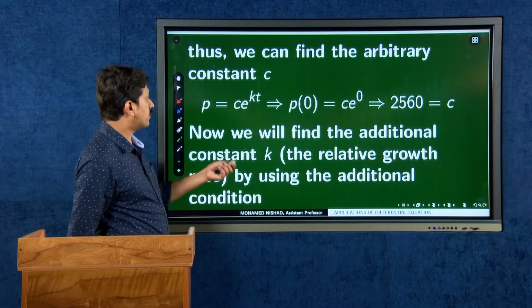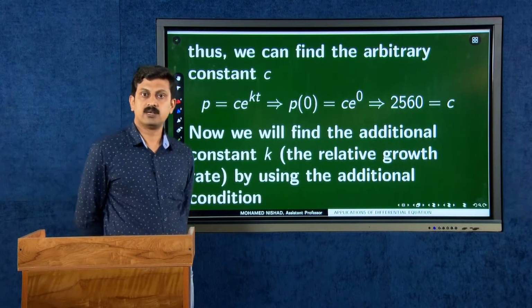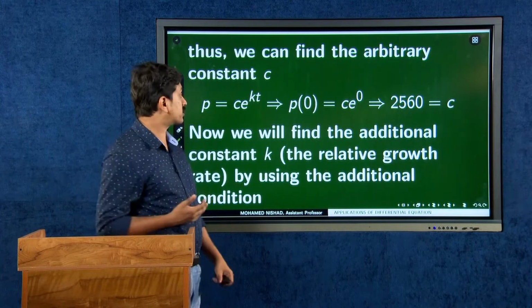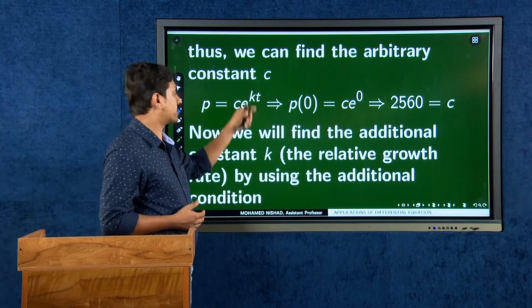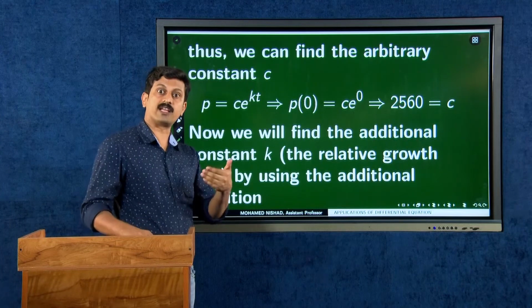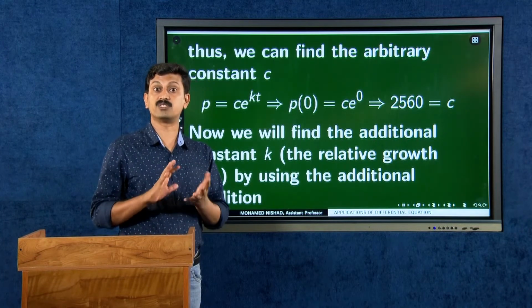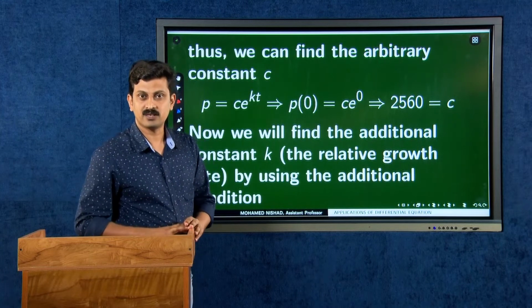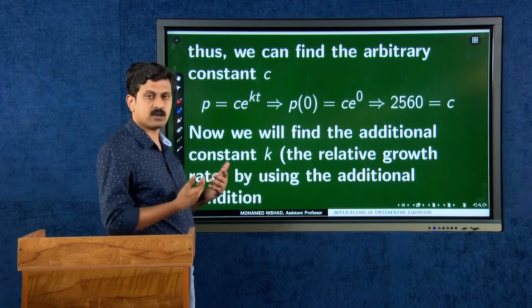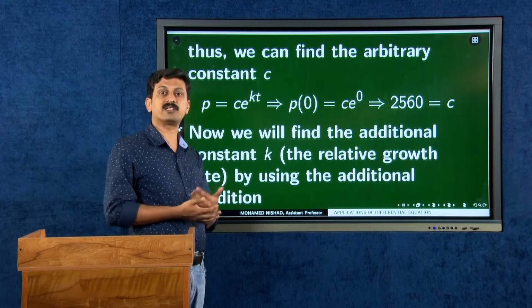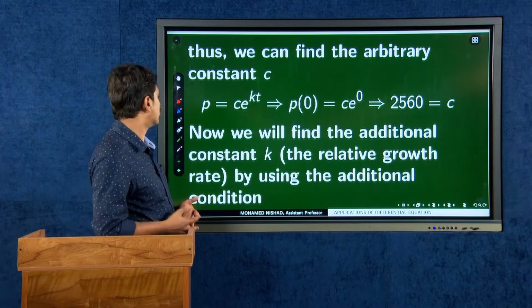Now, we will find the additional constant. We have one more constant, k. Like we already discussed, based on the value of k we decide whether it is growth or decay. We can predict that it will definitely be growth.